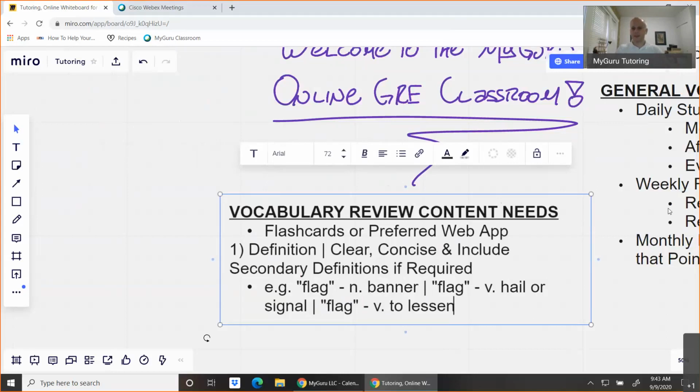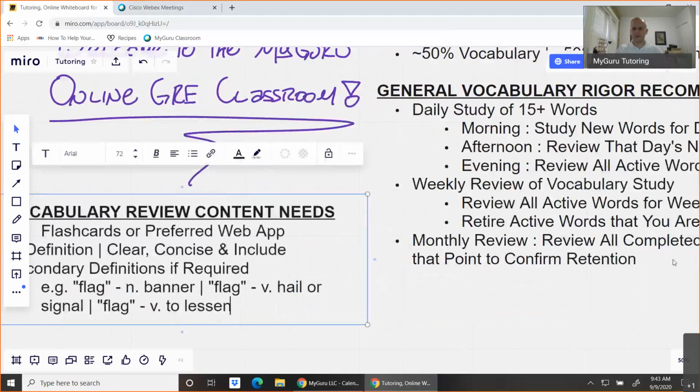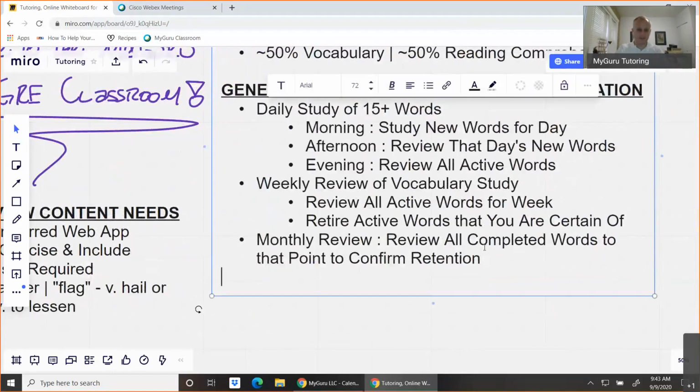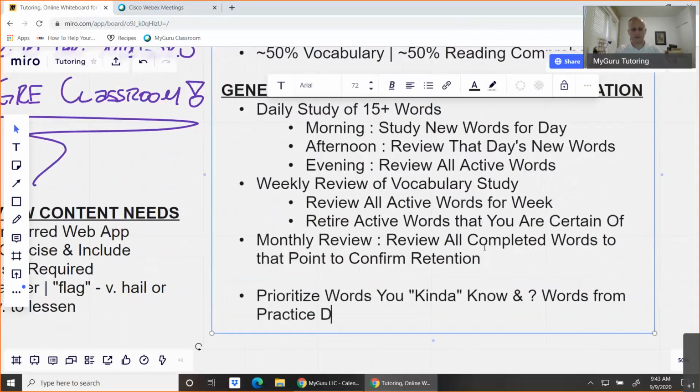And this also gets to your rigor and general recommendations for your study. So I'll put this over here to the right: you want to always prioritize words you kind of know, and question mark words from your practice drills or exams, immediately for vocabulary review.